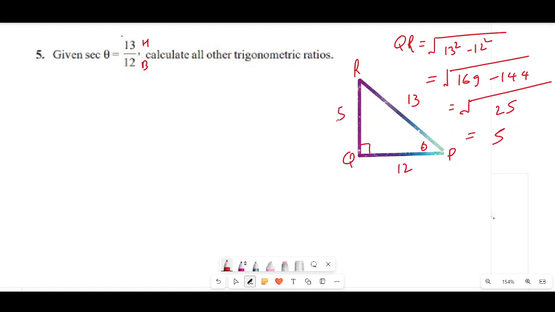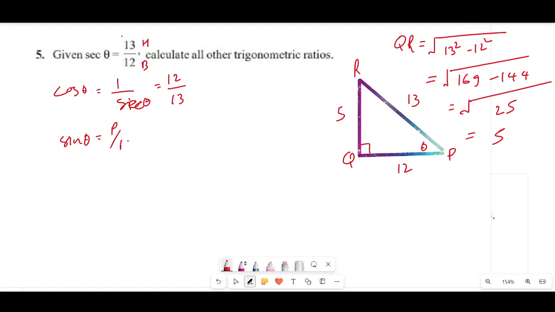Now we are able to find all other trigonometric ratios. So sec theta is given, then cos theta will be the reverse, 1 by sec theta. So we can write here 12 by 13. Clear? Now, what is the value of sin theta? The formula of sin theta is perpendicular upon hypotenuse.